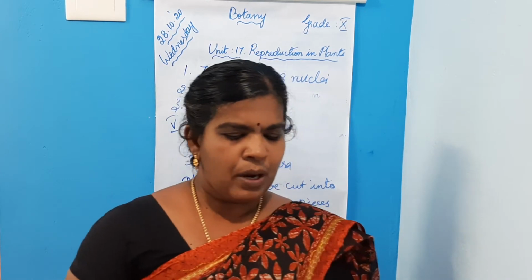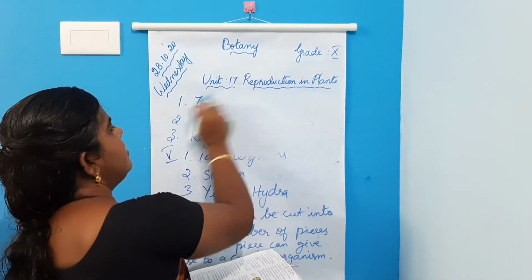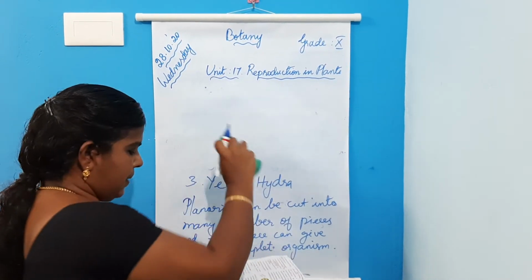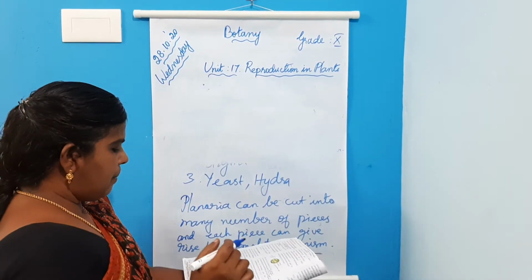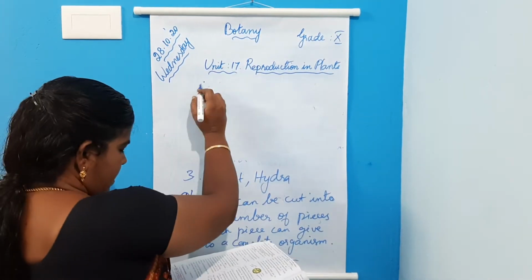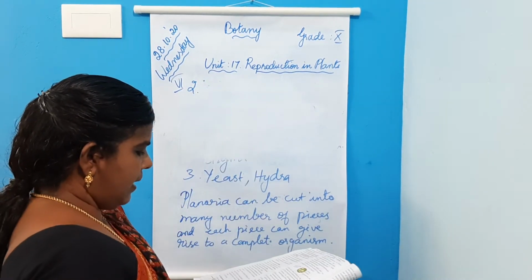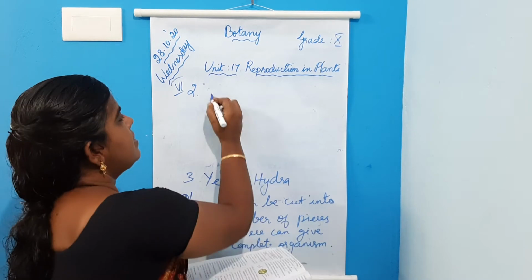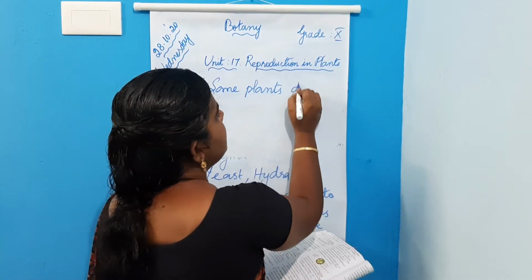Next, why is vegetative propagation practiced in growing some types of plants? Write down the answer. Some plants do not produce seeds.